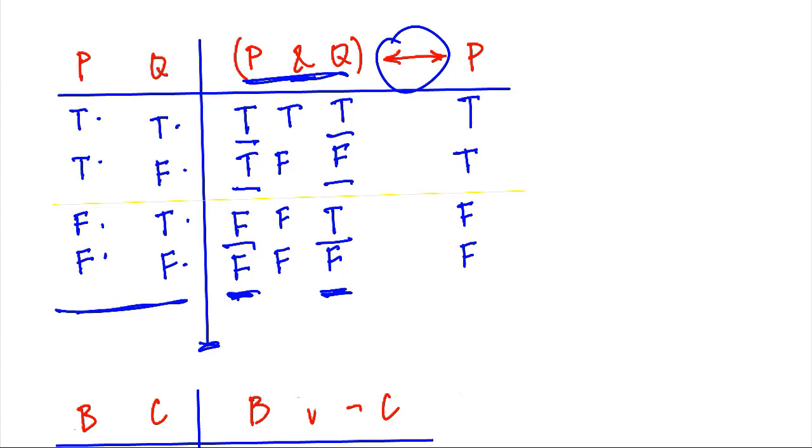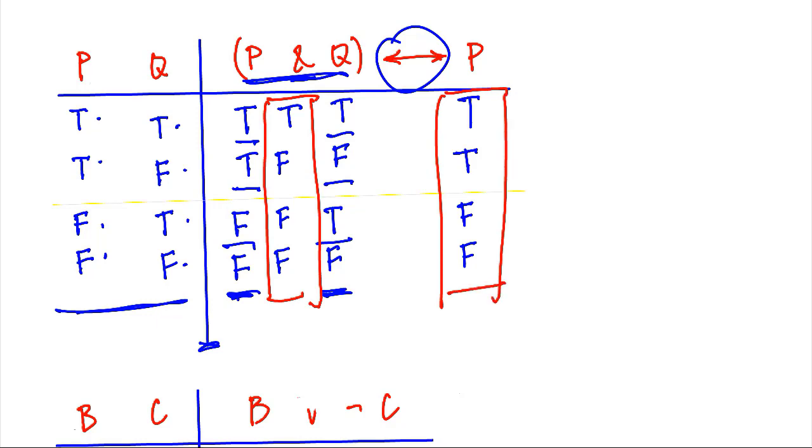Okay, now we want to put truth values underneath the double arrow. And to do that, we're looking at this column and this column. Again, the double arrow is the main connective. So what we're thinking about is this chunk, P and Q, just taking it all together. And so all we care about is what's here, and then the P, of course.